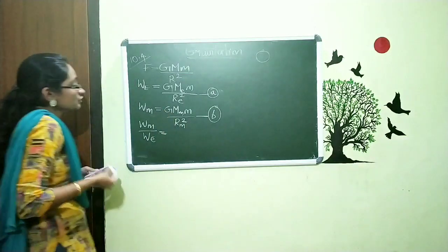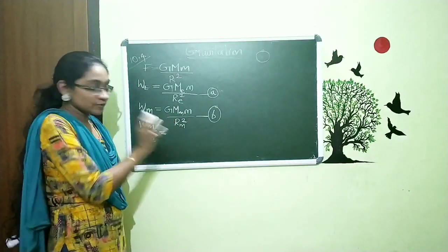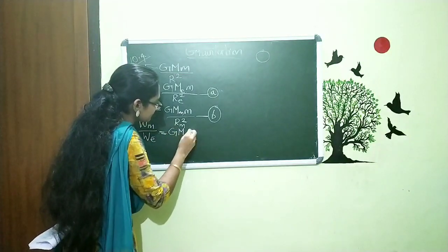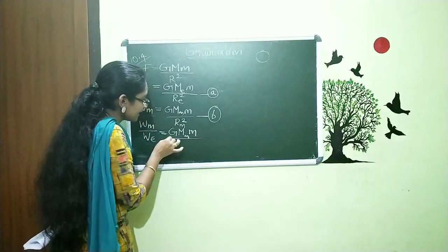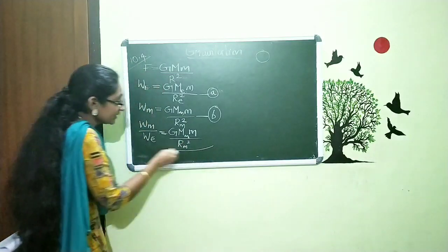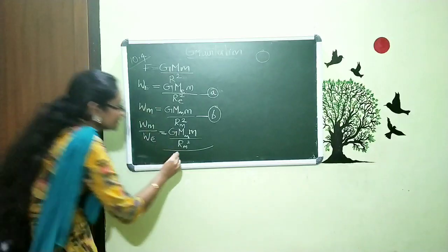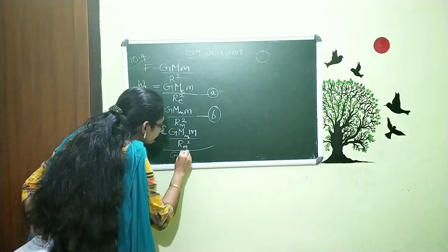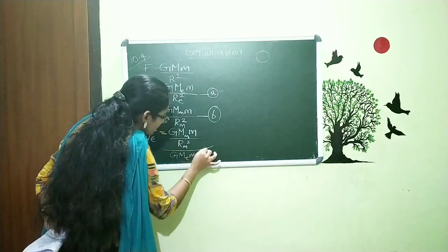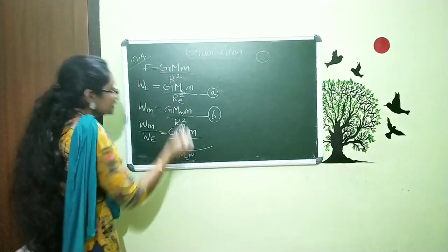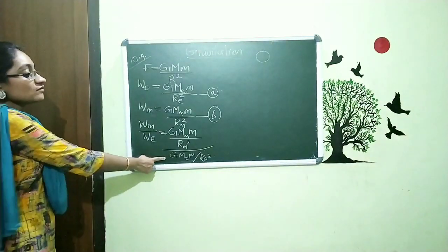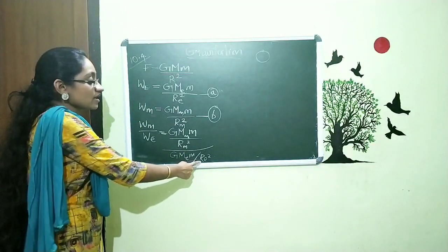So that is equal to G, capital M suffix M, small m, divided by Rm square, whole divided by G, M suffix E, into m, whole divided by Re square. So here it is G M E m by Re square.